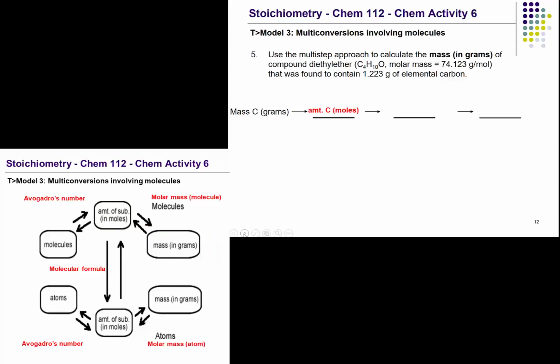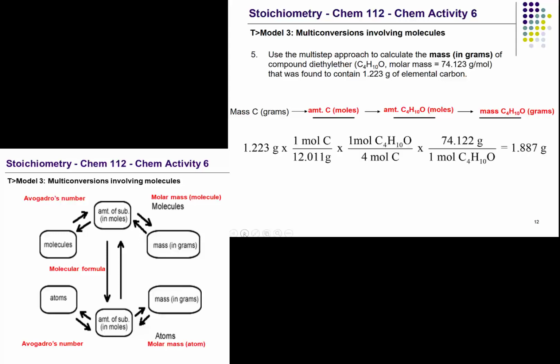Mass of carbon, the amount of carbon. Once you know the amount of carbon, you know the amount of the diethyl ether. Once you know the amount of diethyl ether, you know the mass of diethyl ether. And again, I believe the calculation just unfolds very naturally. The mass of carbon times the reciprocal of the molar mass to convert that mass to amount of carbon atoms in moles.